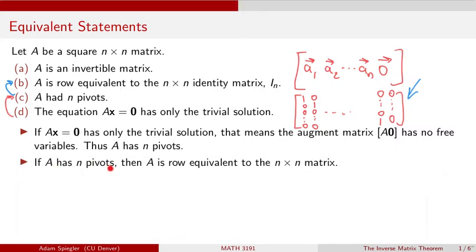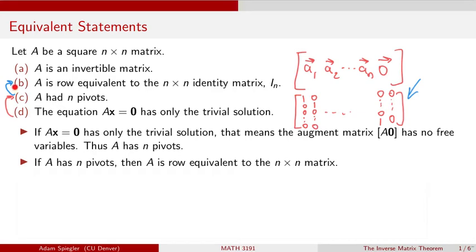If A has n pivots, then we know it has to be row equivalent to the n by n identity matrix, since if it has n pivots, and we're eliminating all of the entries below and above them, the only thing left are the ones on the diagonal. And that's the identity matrix. So now we know if statement D is true, both statements C and B also must be true, because if D is true, C is true, and if C is true, we know that B is true.